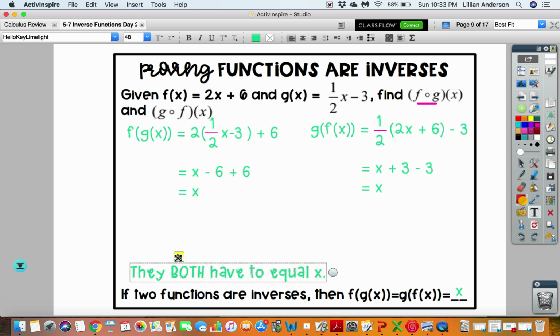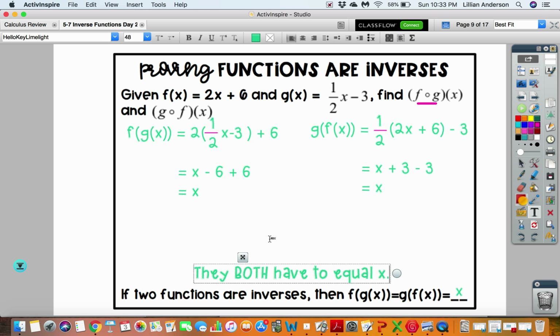Plain old x, not negative x, not 4x, but just regular x. If it does, and you have to do both of them, then you know that they're inverses. If they don't, then they're not inverses. And yes, check both ways. Do f of g of x and g of f of x. Just don't do one way, because sometimes it could work for one, but not the other.